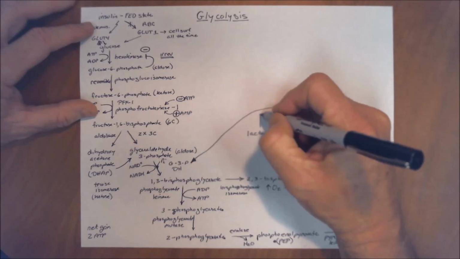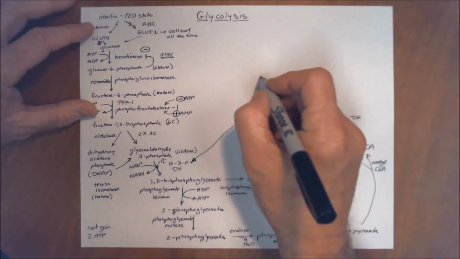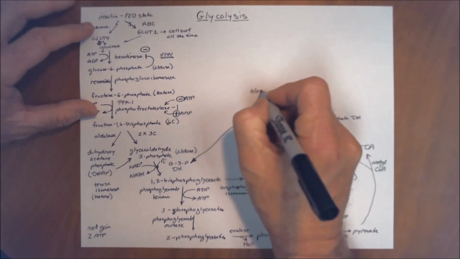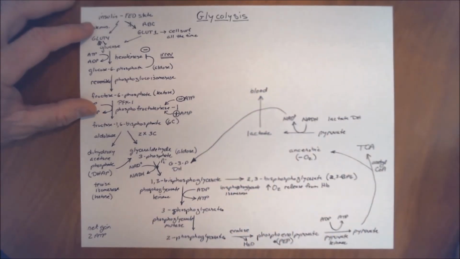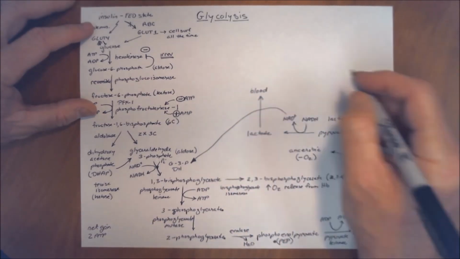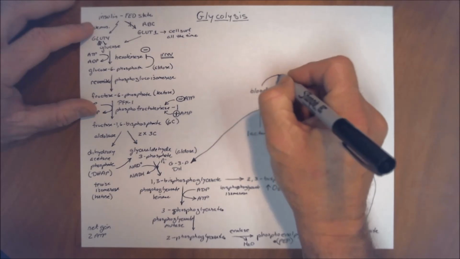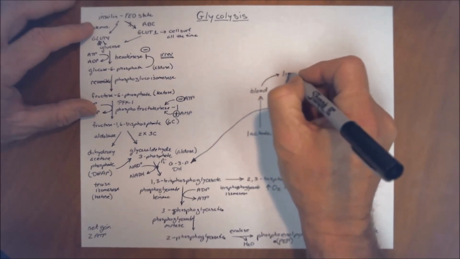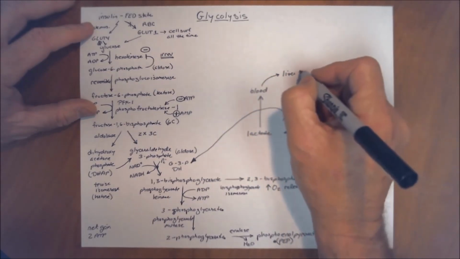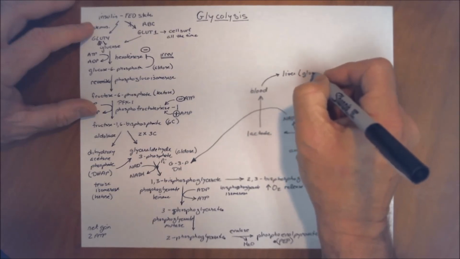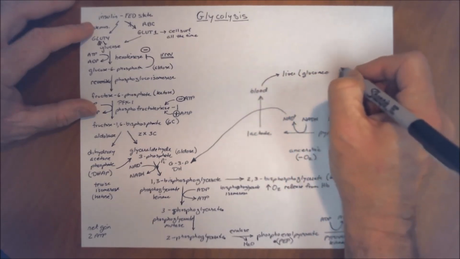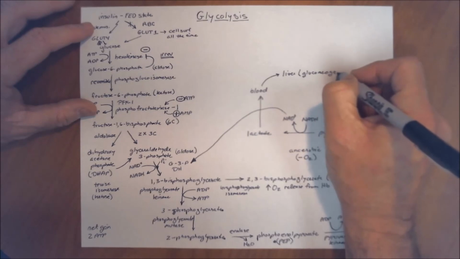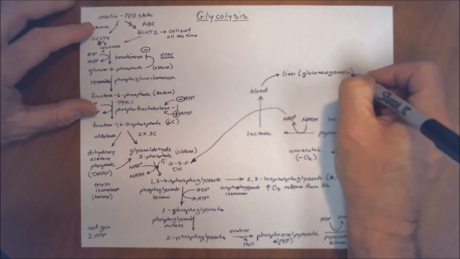So at this point, the lactate can be secreted into the blood, and tissues can pick this up. But what we are going to talk about primarily, and as we move along, is that lactate is a very important substrate for gluconeogenesis in the liver.